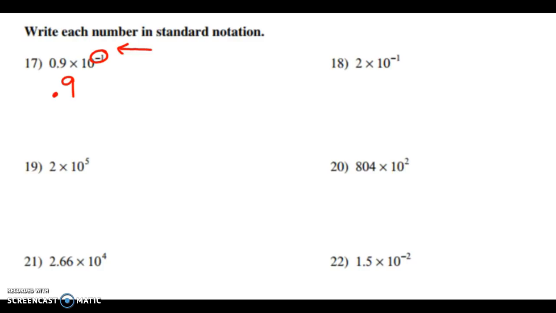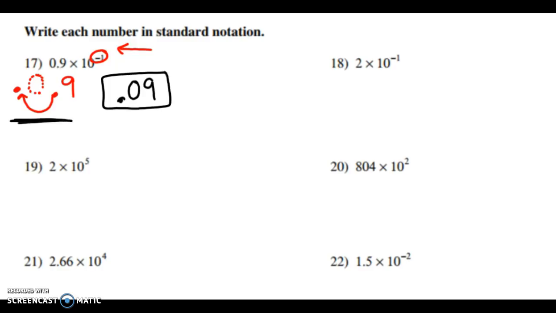I'm going to move it one place, so that means I have a spot to fill in a 0. My third step is telling me to just rewrite the number. I always want you to rewrite it, because this looks a little messy here. So always rewrite the number off to the side.